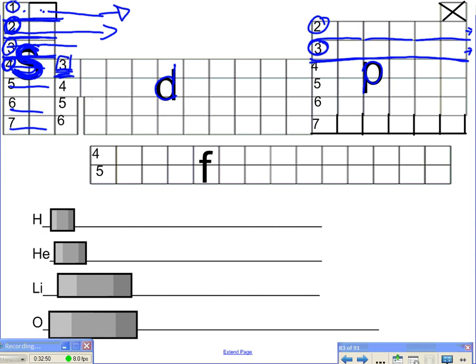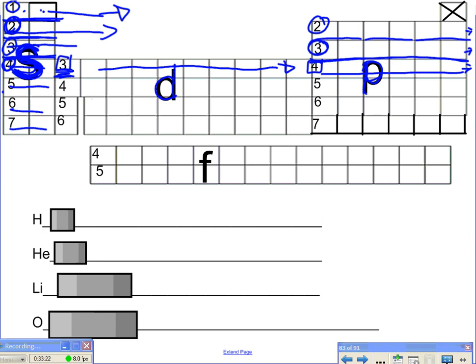That's just because this only needs 2 electrons in the 4s, and the 3d needs 10. So we're going to put 2 in the 4s, and then we fill up the 3d. After the 3d comes the 4p, and that holds 6. And then we go to the next one, and it just continues on.